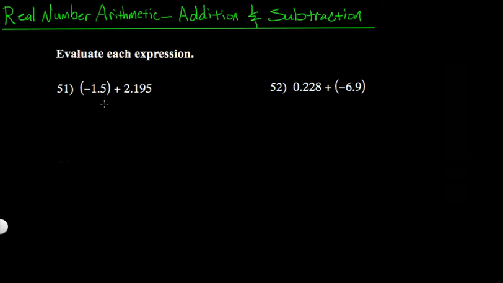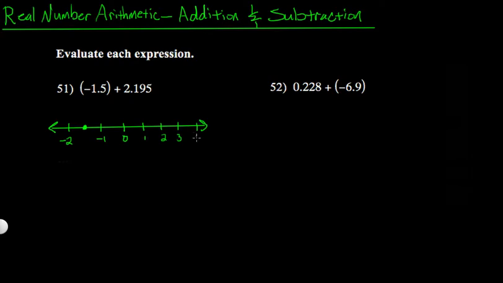So the first thing we have to do is think a little bit about what our answer would be. And again, here we can use the number line, if we like, to give us an idea of what this answer should be. So if we had our number line here and we have a negative 1.5. So let's say this is negative 2 here. This is negative 1. So we have a negative 1.5. We're starting here. And let's say this would be 0. This is 1. This is 2. This is 3.